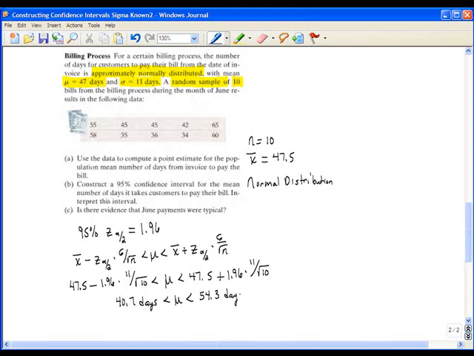54.3 days. We were asked to interpret this, and we're going to interpret in the context of the problem. I'm going to use this part of the problem, mean number of days it takes to pay the bill.